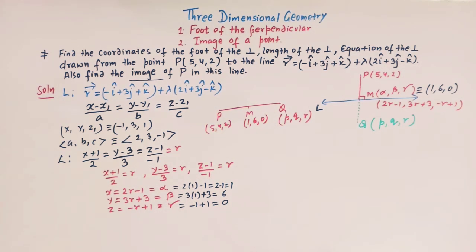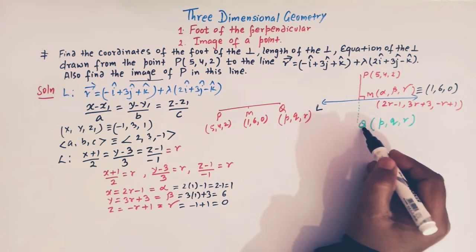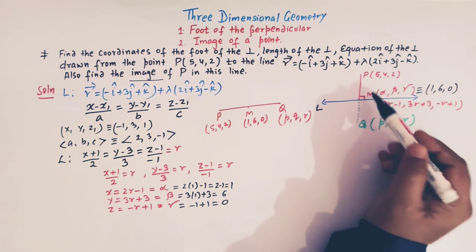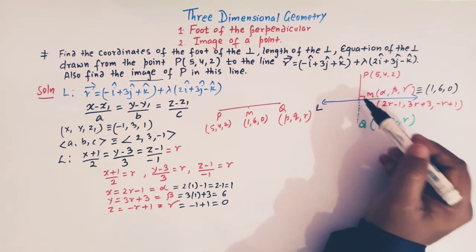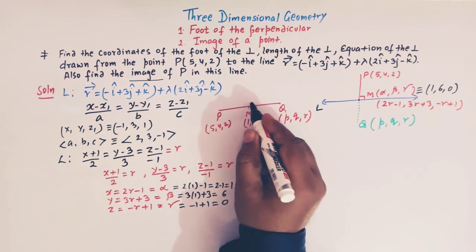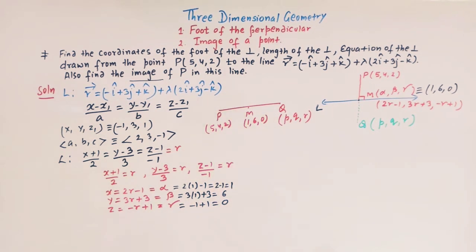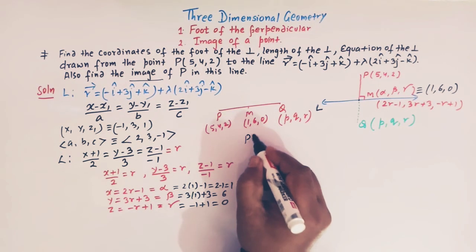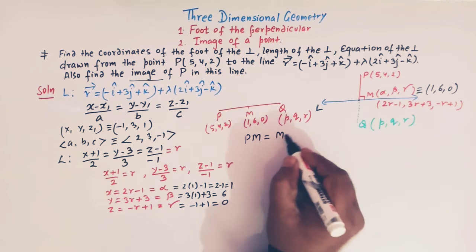And we know that this image Q and the point P are equidistant from this point M, or in other words we can say that M is the midpoint of PQ, right? So PM must be equal to MQ, right?